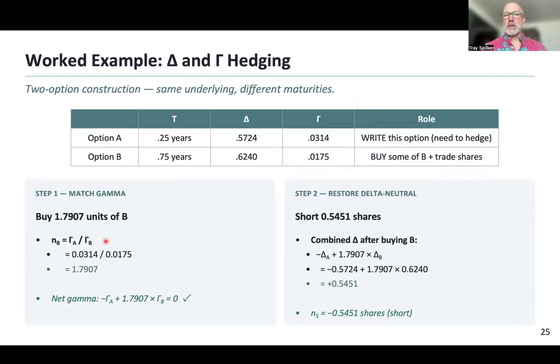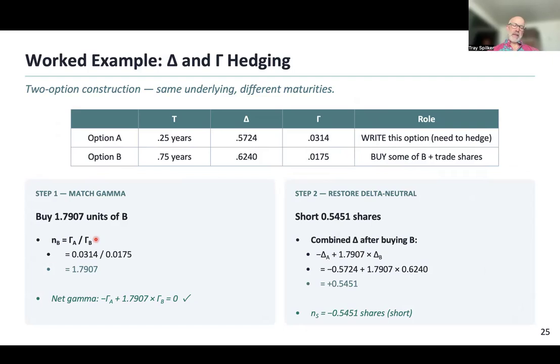Well, basically, we just look at the ratio of gammas that we're hedging, right? So we know that the gamma for our portfolio is 0.0314. That's a negative exposure, right? Because we wrote that option. And then we have the gamma here of option B. This ratio effectively gives us the number of option B units that we need to buy.